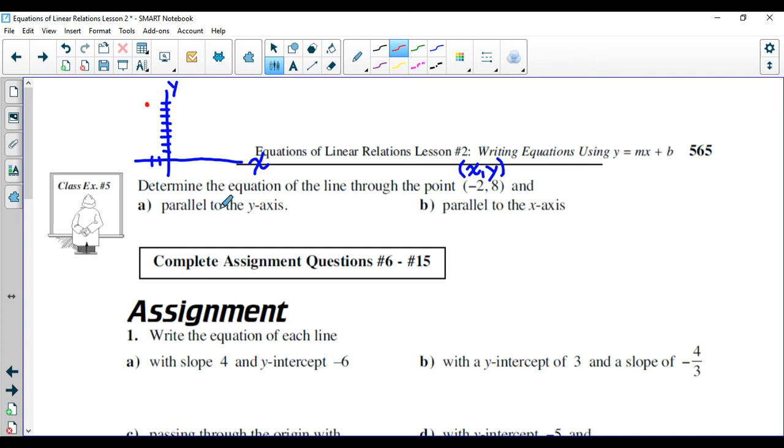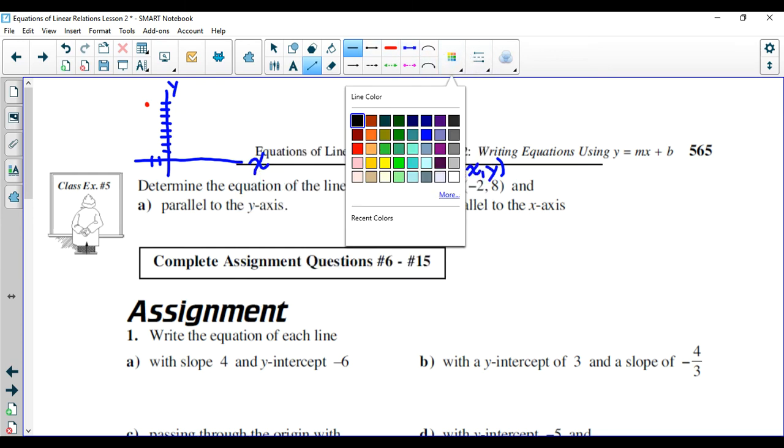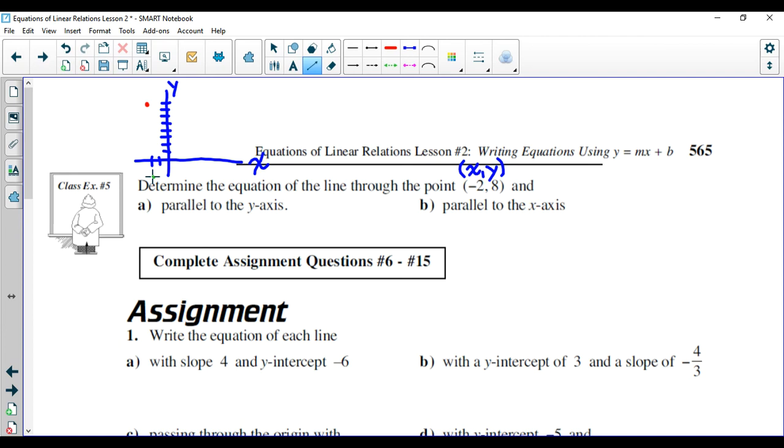Okay, now it says, for the first part, what I want to do is determine the equation of a line that passes through this point and is also parallel to the y-axis. Now, parallel to the y-axis would mean that you'd have to have a vertical line. So if I sketched a vertical line here, I'll do it in maybe green.